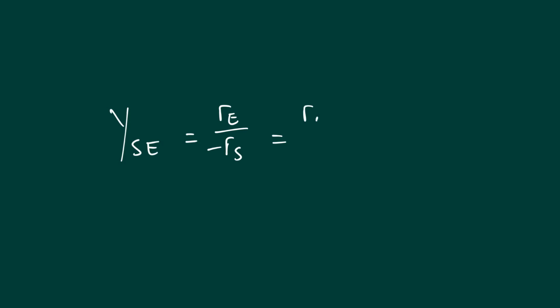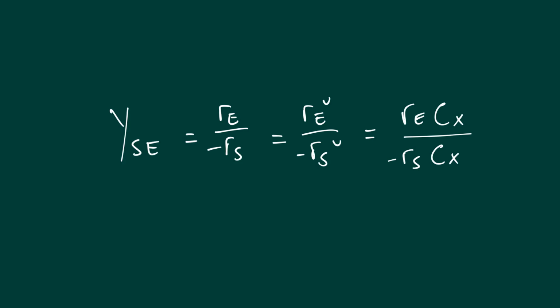The ratio between the volumetric rates will be the same as the ratio between the biomass-based rates, because the volumetric rate is merely the biomass-based rate multiplied by the catalyst concentration. So you can see there's no distinction.